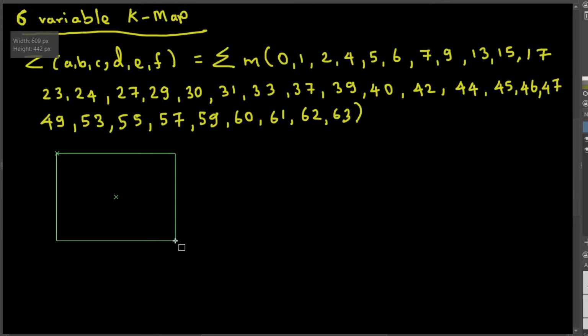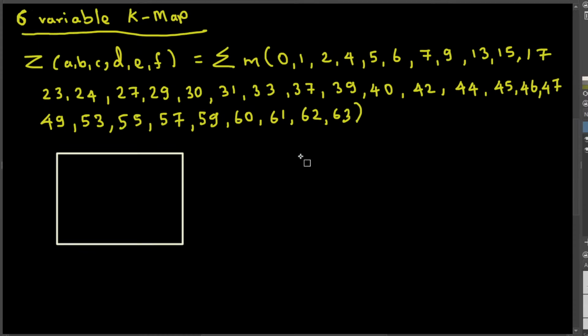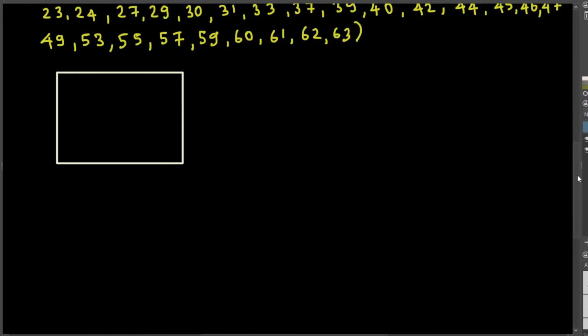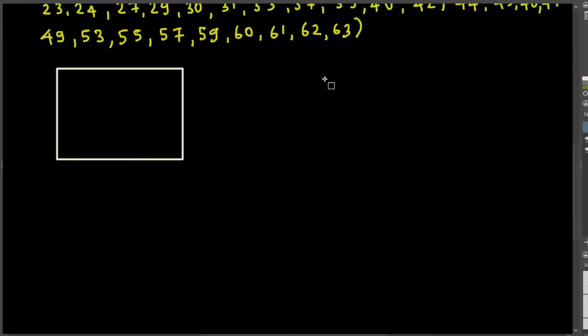And here let me make it small so I can fit it in here. So I'm going to make this size. Okay, I'm going to need some space, so I have to go to the bottom. Let me make it a little bit bigger.